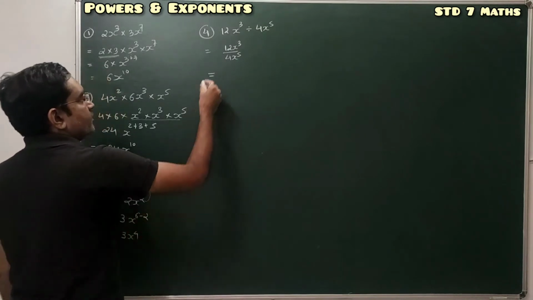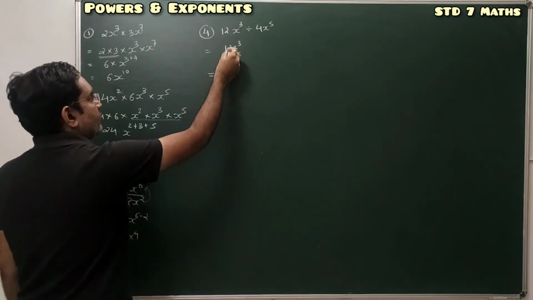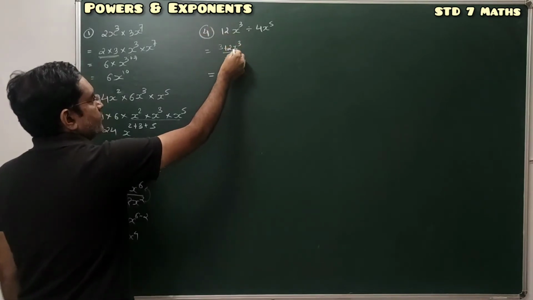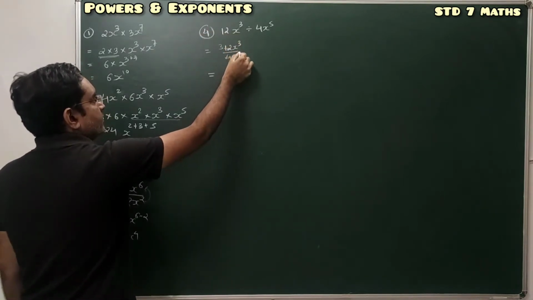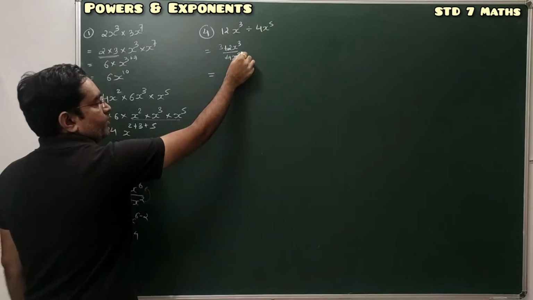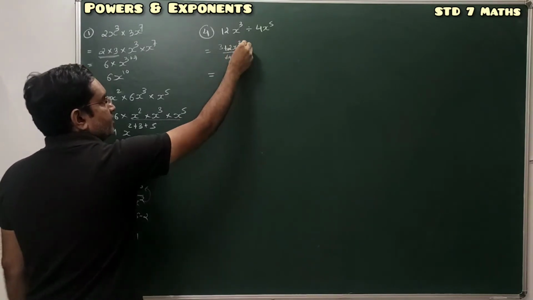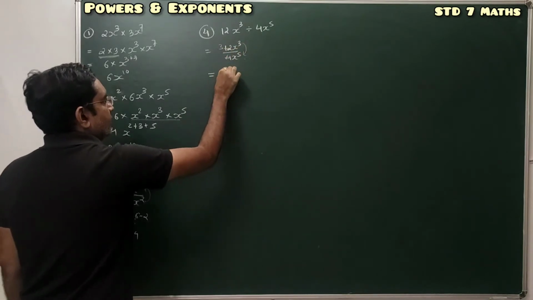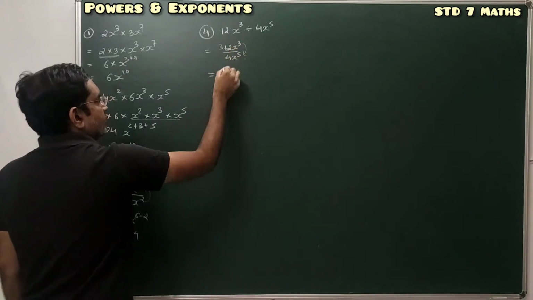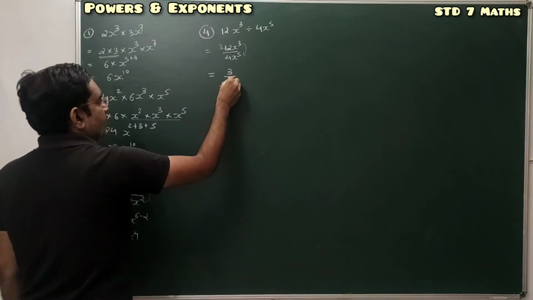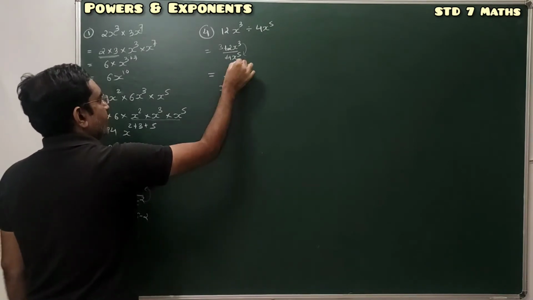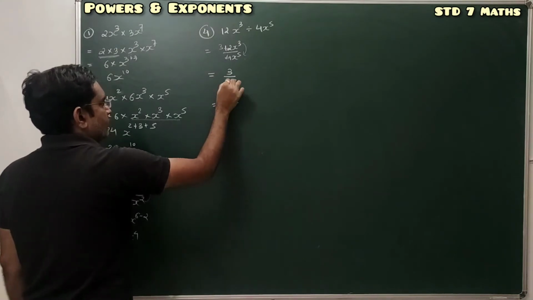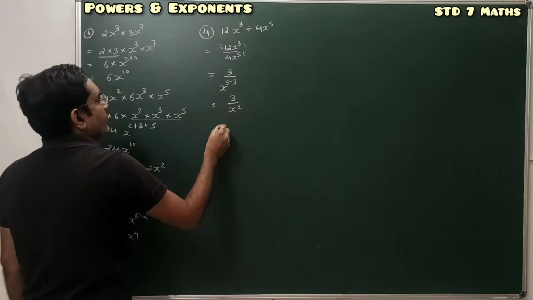For the division of these two, we can perform the division of the constant part, 4 3s are 12. For the division of the powers, the exponent of the denominator is greater than that of the numerator, so we will perform subtraction in the denominator. So numerator 3 as it is, and the subtraction of powers in the denominator is x raised to 5 minus 3. So this is equal to 3 upon x square.